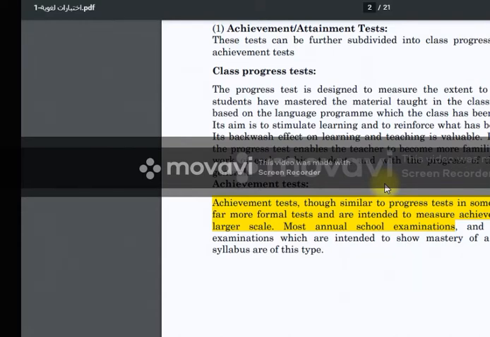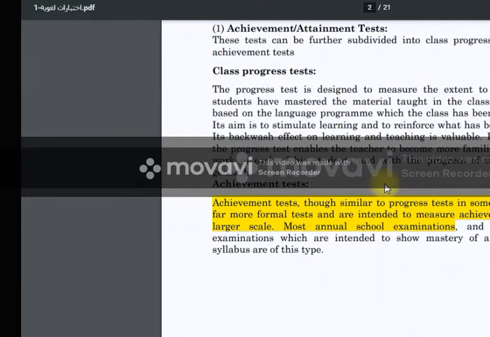It is also important to measure the progress of the students. And it is also important to give accreditation to the students. What is important to be highlighted in the types of tests is the benefits of doing each one. So the achievement test is important to measure students' achievement and performance in a specific course.